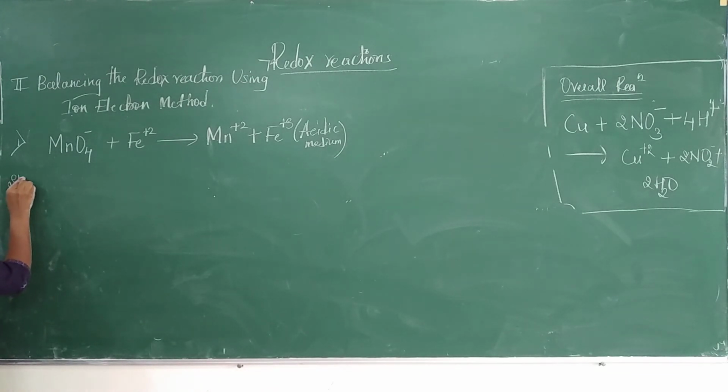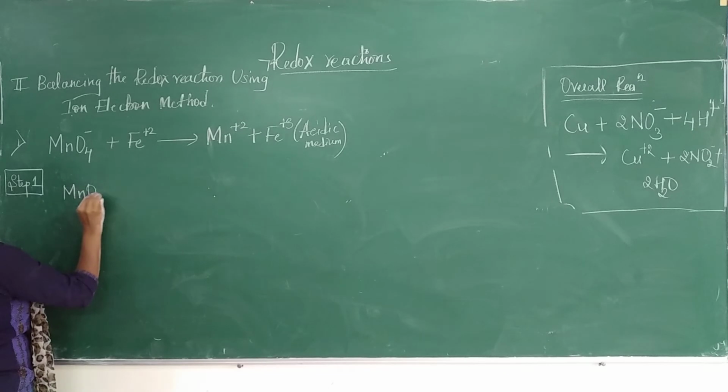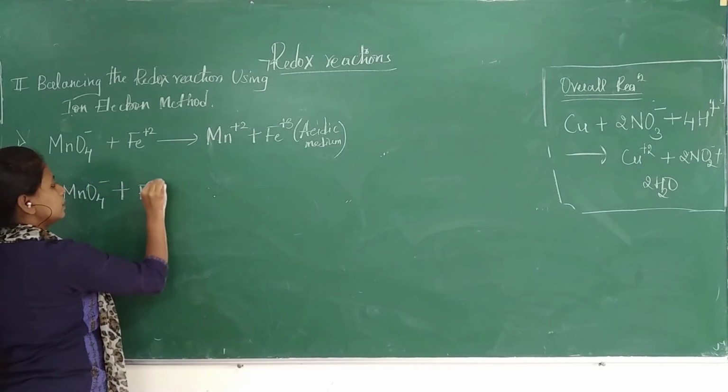So first step, write the skeletal equation which I have already written. Now a second step, you have to note down the oxidation number. So first you calculate those oxidation numbers and tell me what is the oxidation number of manganese in this compound.